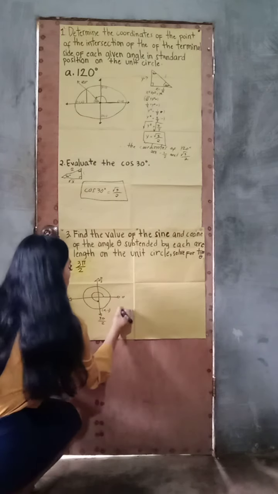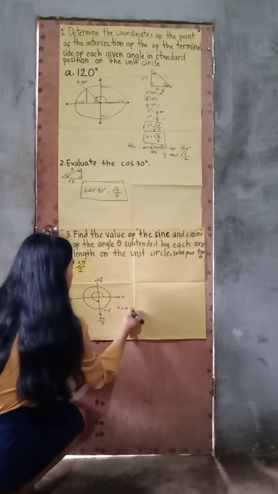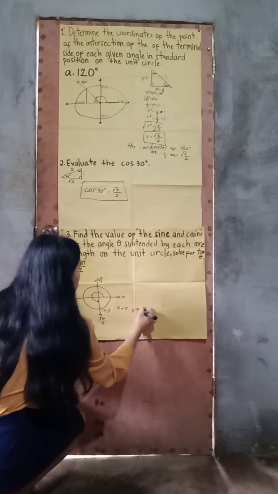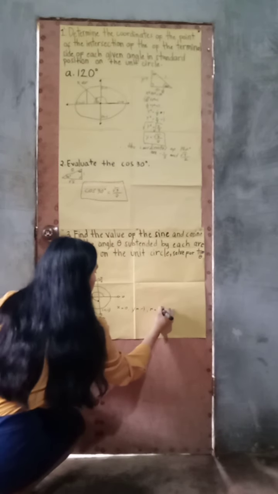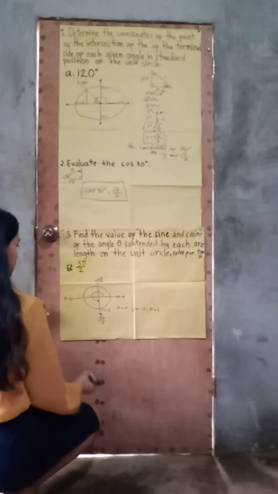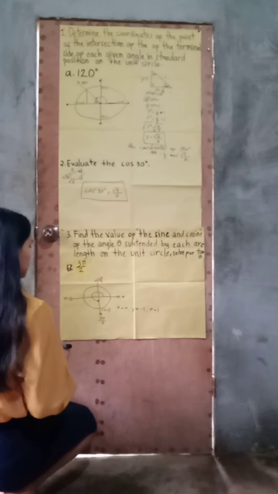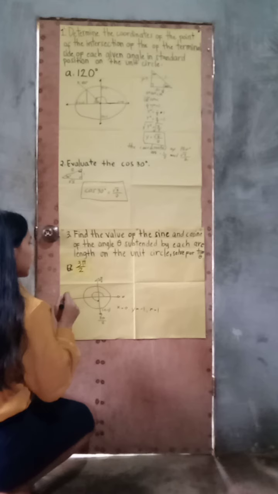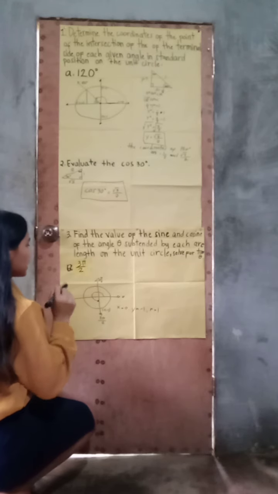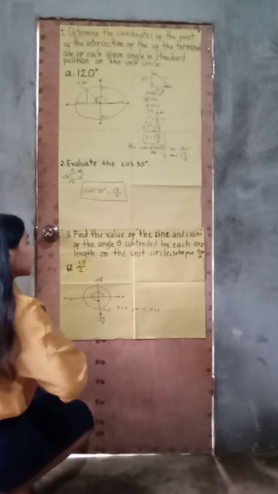So our x is 0, our y is equal to -1, and the radius is equal to 1. From here, we can easily find the value of the cosine, sine, and tangent of 3 pi over 2.